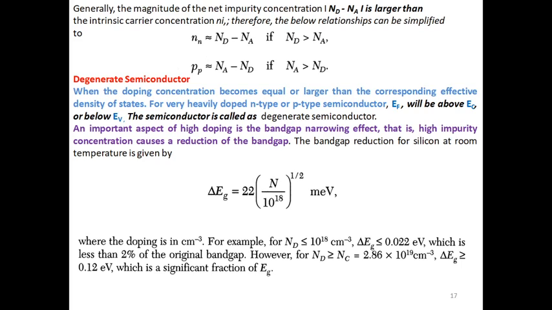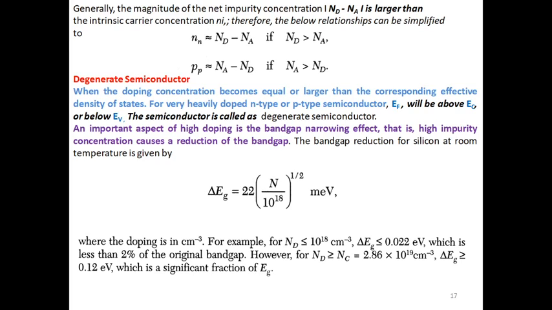Delta E_g is given by that equation, and we can calculate it for degenerate silicon. We take an example at room temperature. For example, the donor concentration is less than or equal to 10 to the 18 per centimeter cubed. Putting all these values in the above equation, we get delta E_g less than or equal to 0.022 electron volt.